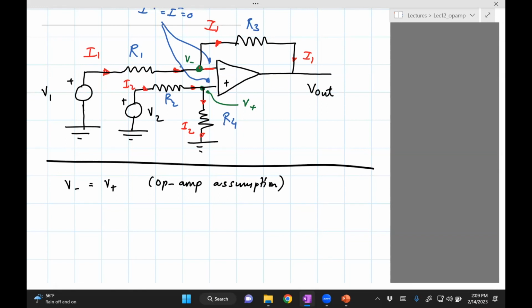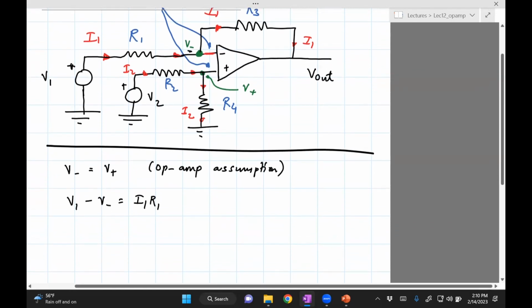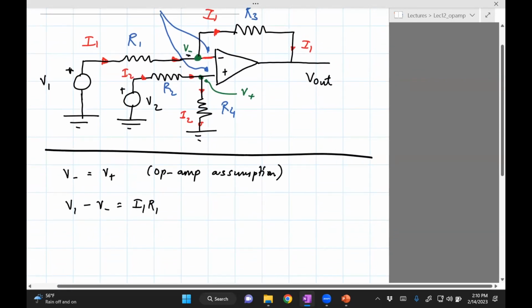So V1 is the voltage here. This seems to be V minus. The potential difference between V1 and V minus is the voltage drop across the resistor. So V1 minus V minus equals I1 R1.